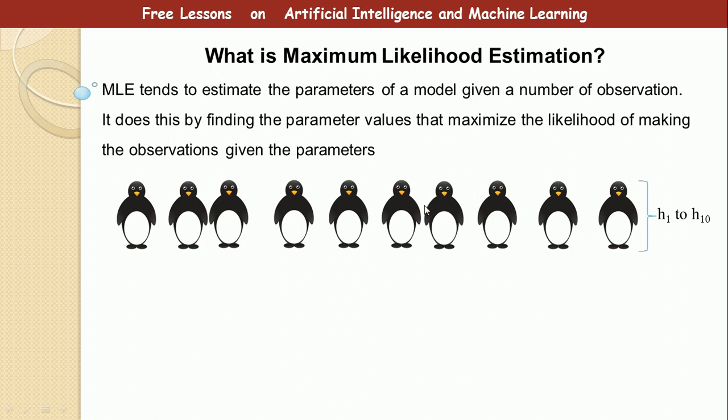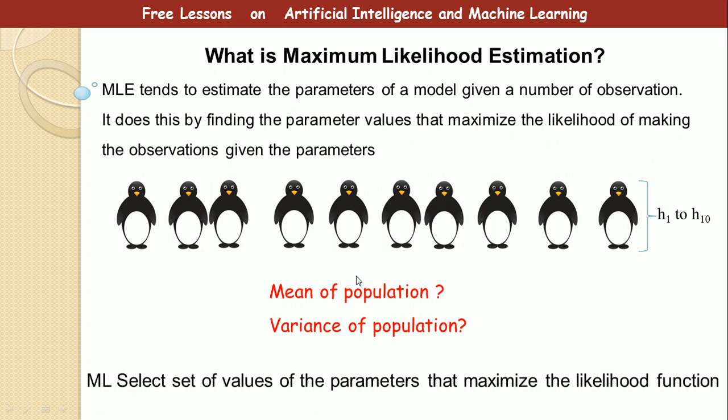Ten beds is very small; we have thousands of beds there, but you want to use these 10 to find out what the parameters of the population will look like. Of course, there are a number of parameters that we can try to determine. Now, maximum likelihood selects the values of parameters that maximize the likelihood function.